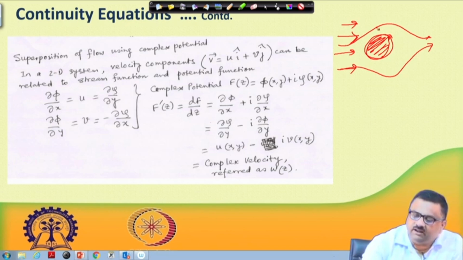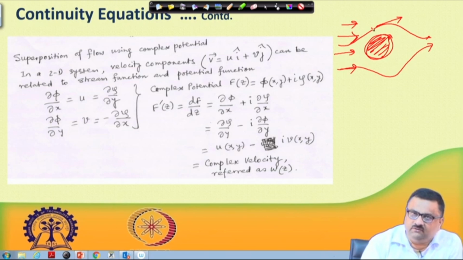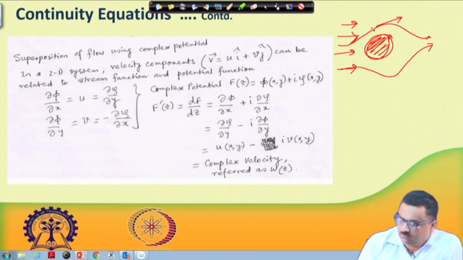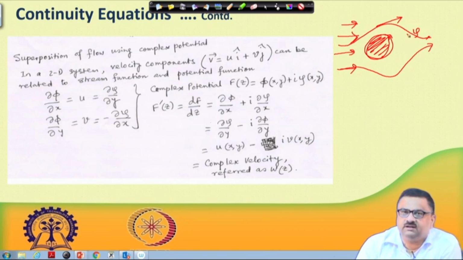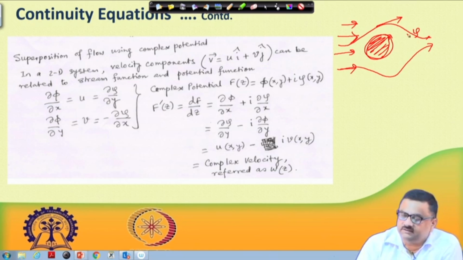If you draw a tangent to a streamline, that defines the velocity of the fluid at that point. Another definition is that along the streamline, the value of the stream function psi is constant.